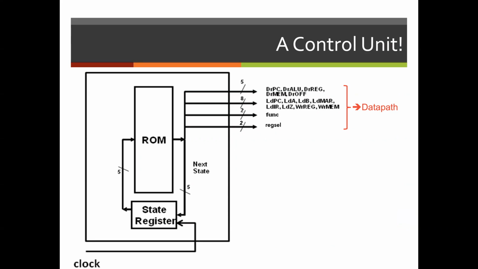So if we were to take a look at how a control unit is utilized, we'll have to keep in mind that for every clock signal, we have to make sure that there is an advancement in the registers to the next state. And this can be specified by appropriate output. And so that same clock can also be used to specify edge trigger storage elements in our data path.